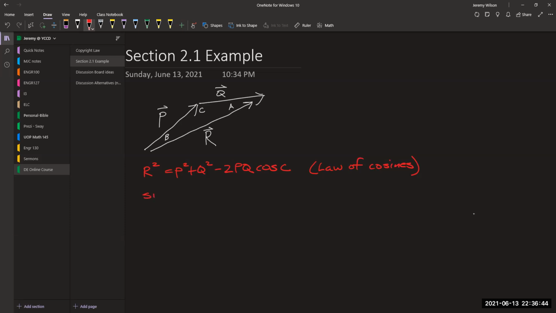The sine of angle A over the magnitude of P is equal to the sine of angle B over the magnitude of Q, and that's also equal to the sine of C over the magnitude of R.